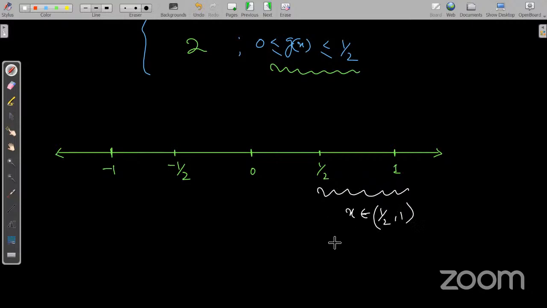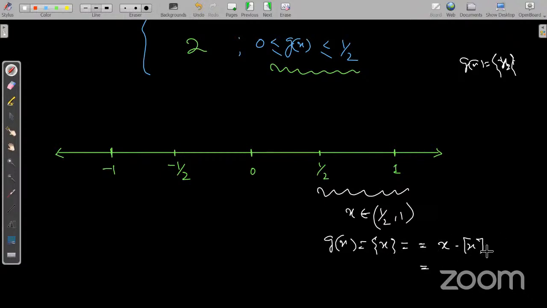Then g of x is actually the fractional part of x. If you take any point between 1 by 2 and 1, g of x will give you the same fractional number, that is x minus the greatest integer function.